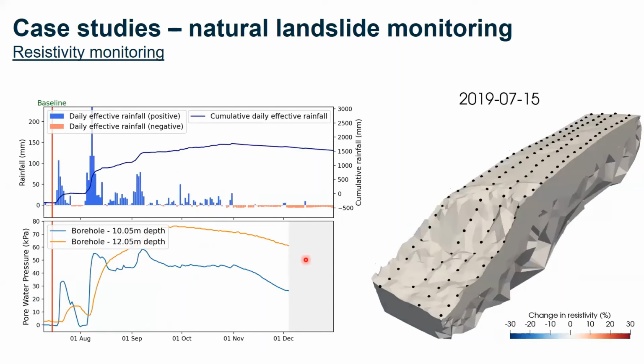So we can also look at the changes from a different baseline. So in this case, at the peak of the monsoon, and we'll start to look here not only at the decrease in resistivity, but also the increase in resistivity, which are linked to drying processes. So red here is pretty simple. Red is drying and blue is wetting.